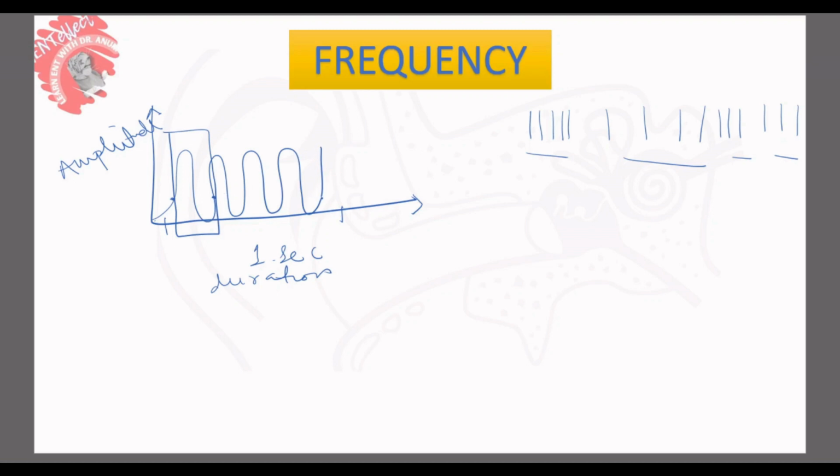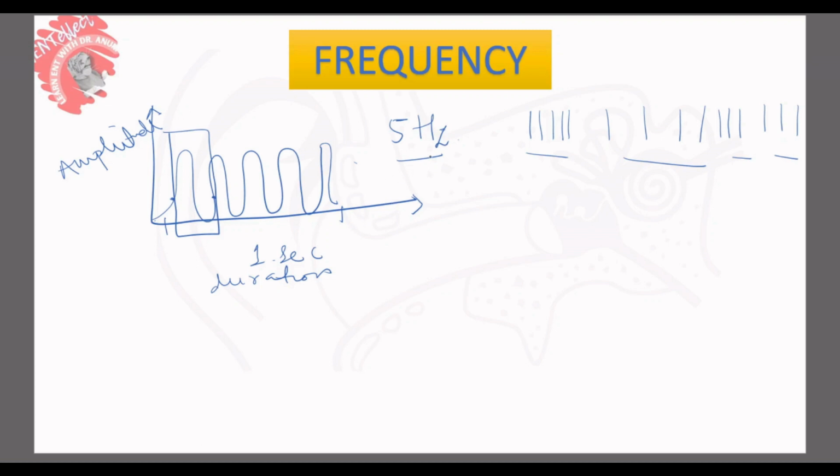In this 1 second duration, how many complete waves are repeated? 1, 2, 3, 4, and for example, 5. So that will be 5 Hz frequency. Hertz is the standard unit used to specify frequency.